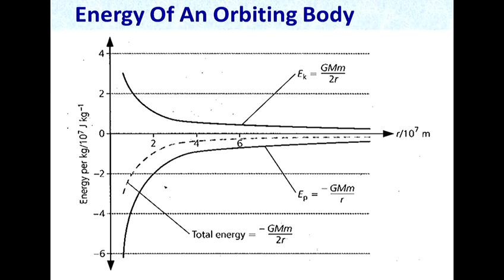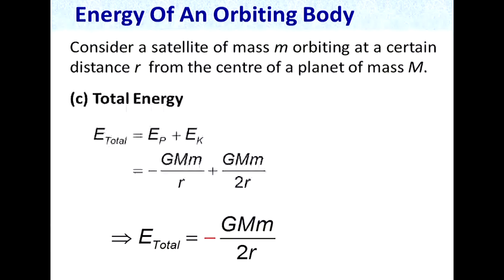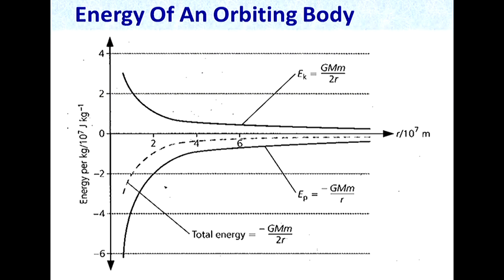It also varies inversely with the distance r, the radius of orbit. Total energy is always negative as well. It varies this way.